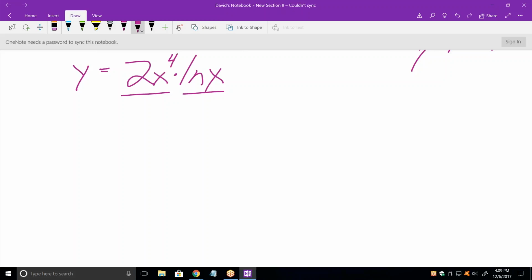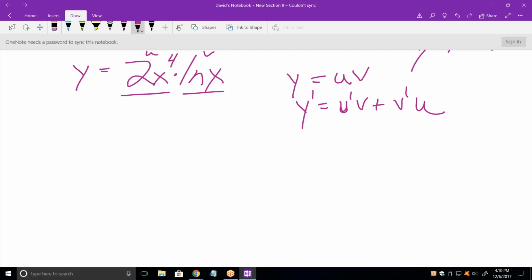So I have to do the product rule. I have to consider that one of these is u and the other one is v. And if y equals uv, what does y prime equal? u prime times v plus v prime times u. Okay, so let's do this.